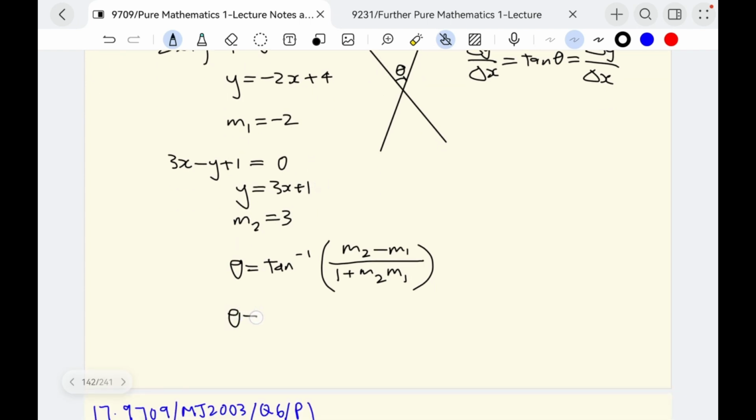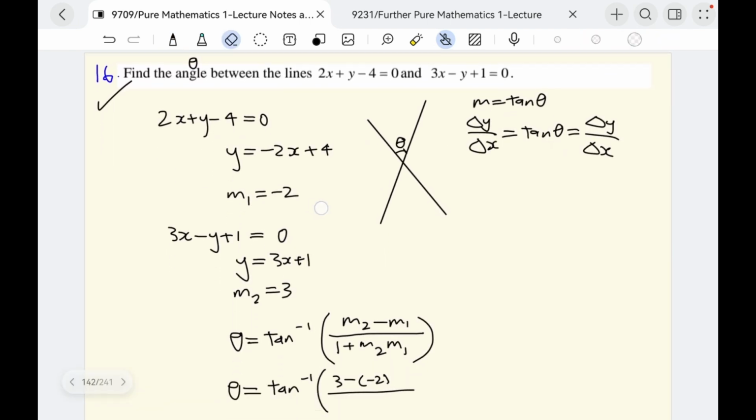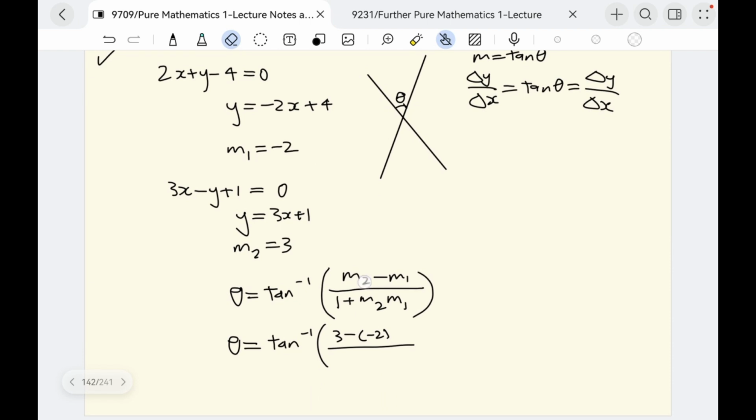Okay? 3 minus 2... I think M1 minus M2 will be better.